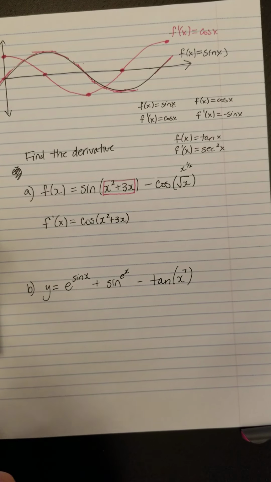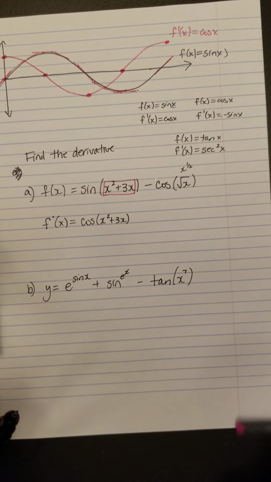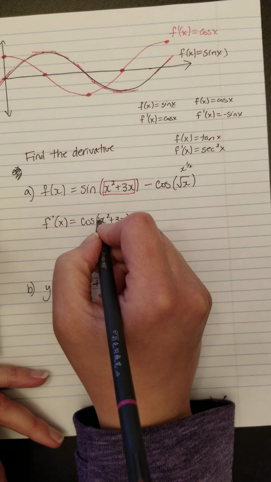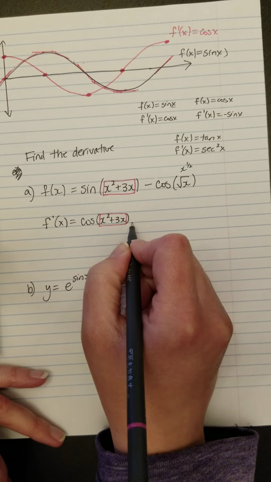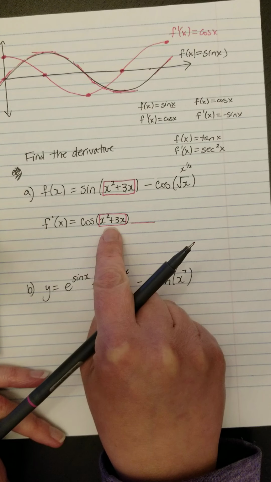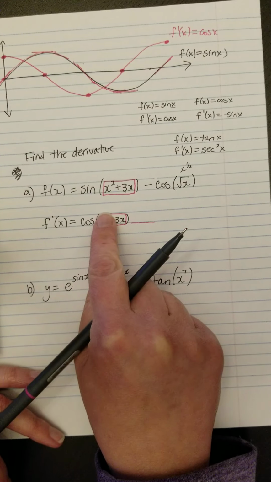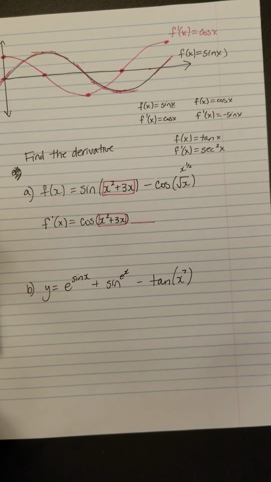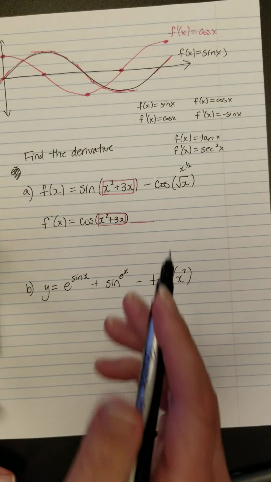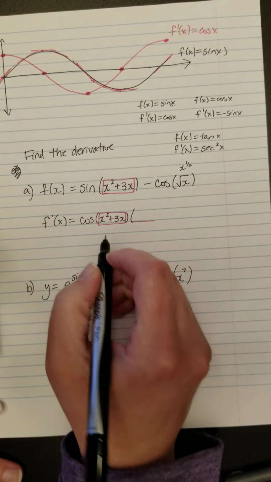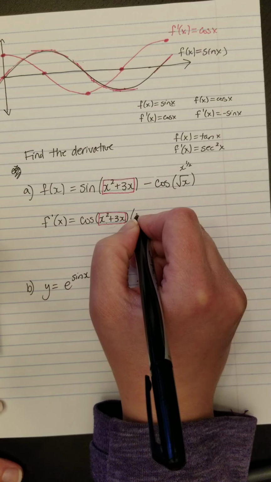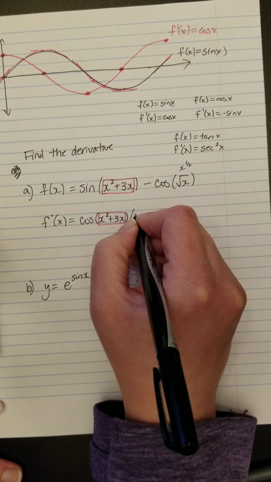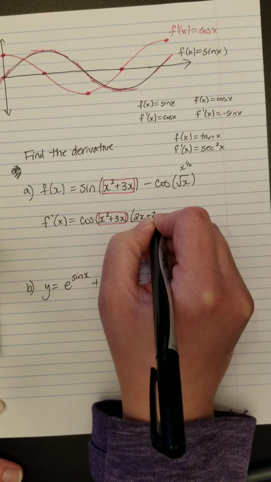But that's not the only piece of this derivative. We're keeping this the same, but then we have to multiply by the derivative of that pink boxed function that was in my original sine function. So I have to multiply this by the derivative of this inside stuff. That inside stuff is x squared plus 3x. The derivative of that is 2x plus 3.